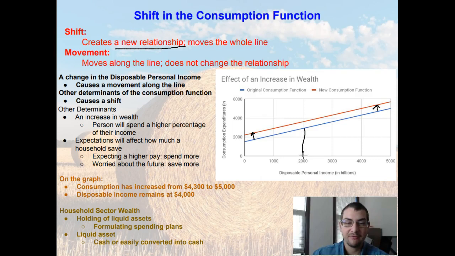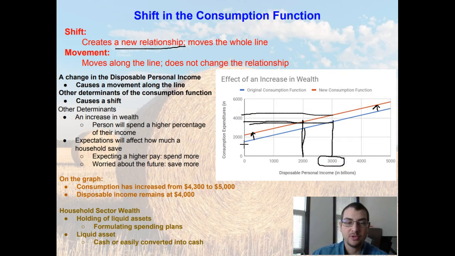Now, at the same level of disposable income, under this new shift, we have closer to, say, $3,700 worth of consumption. Let's look at the income of $3,000. Before, we had roughly right around $3,700. Now we have over $4,000, about $4,200 worth of consumption, and it's still at the same level of income.